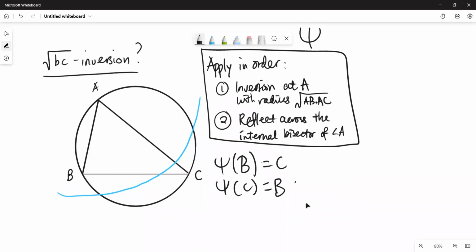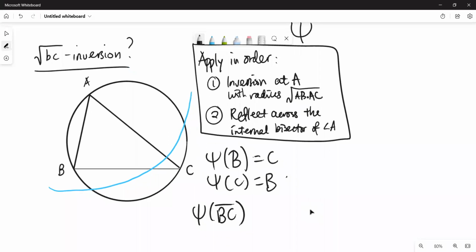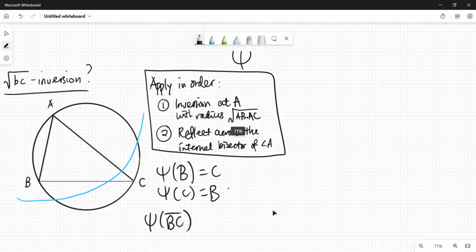Okay, now where does line BC go? Where does line BC go? Is it BC? Remember what happens when you invert? What happens when you invert a line? It becomes a circle, right? So let's think this through.